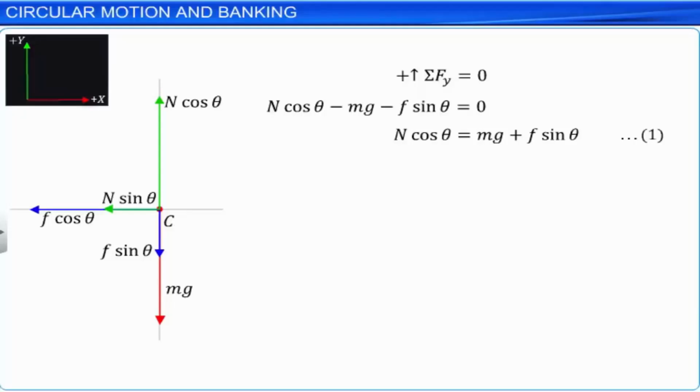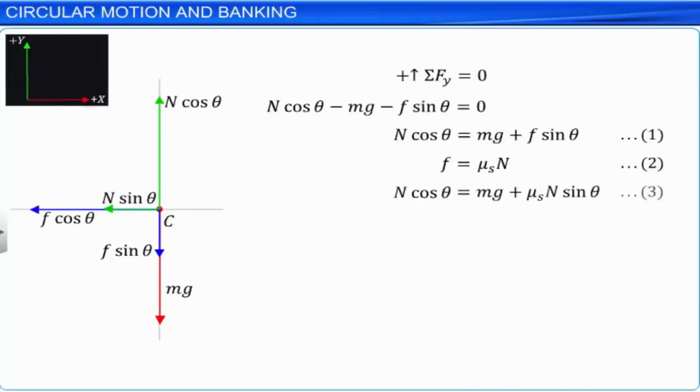We know that frictional force F is the product of mu s and N. Let this be equation 2. Substituting equation 2 in equation 1, we get equation 3 as N cos theta equals mg plus mu s N sin theta.